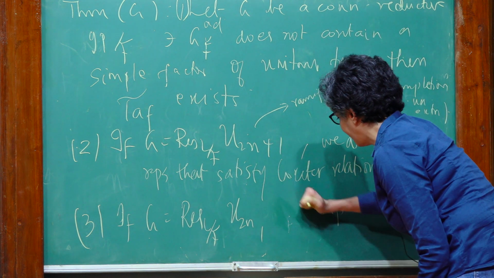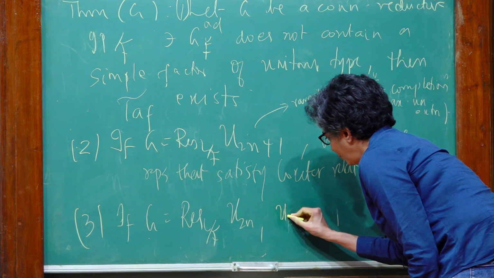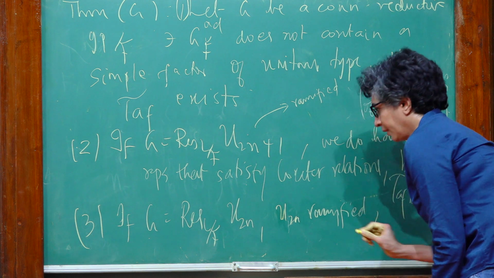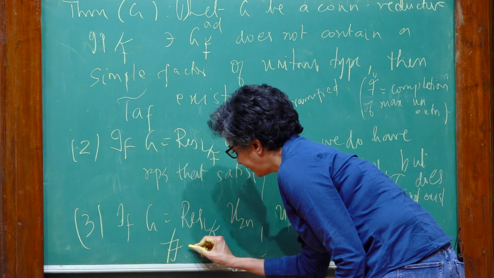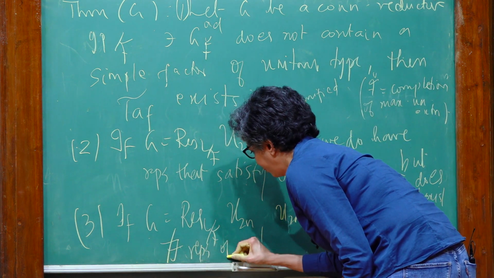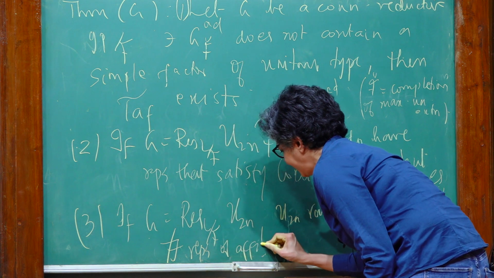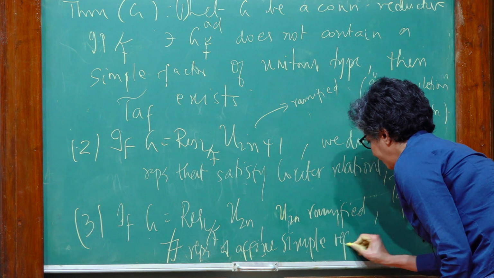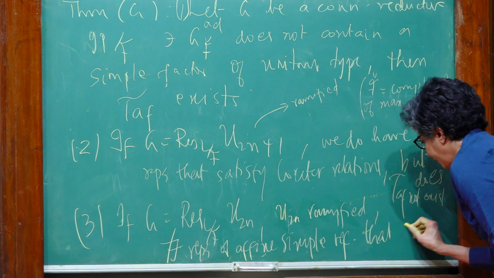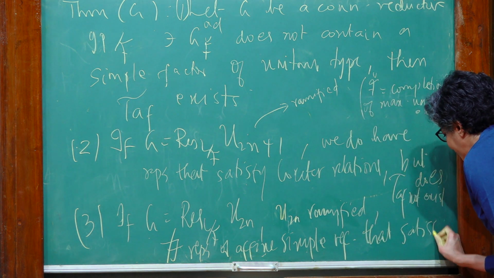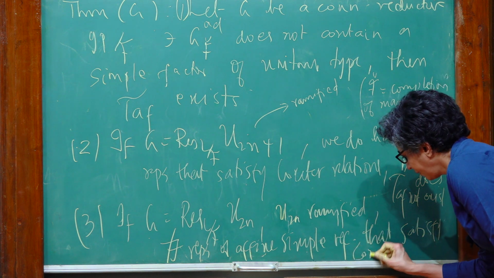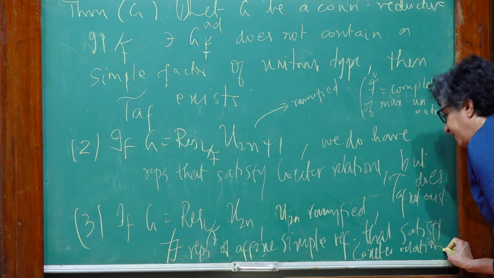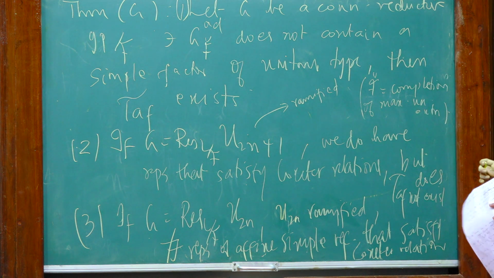Here again, U2N ramified unitary group, there do not exist representatives of affine simple reflections that satisfy Coxeter relations. There exist no representatives in G of F that satisfy Coxeter relations.